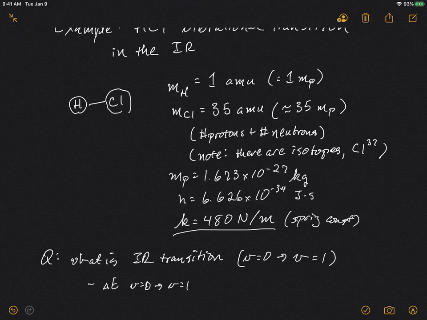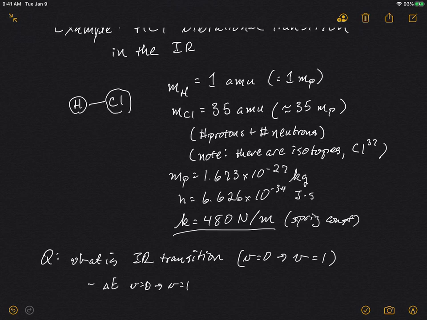So for HCl at room temperature, most of the molecules are in the ground vibrational state, the V equals 0 state. That's the lowest energy state. And the infrared transition corresponding to absorption of an infrared photon is the V equals 0 to V equals 1 transition.